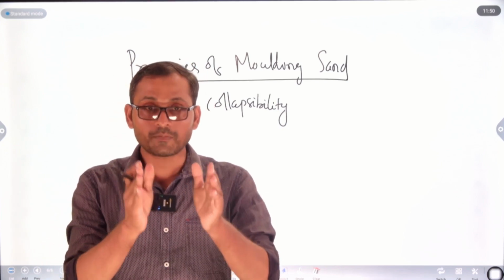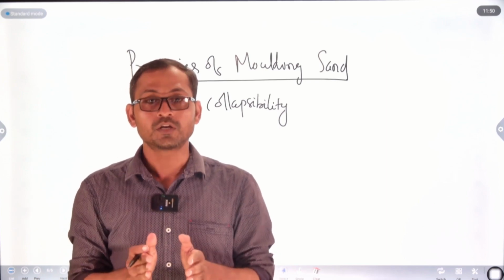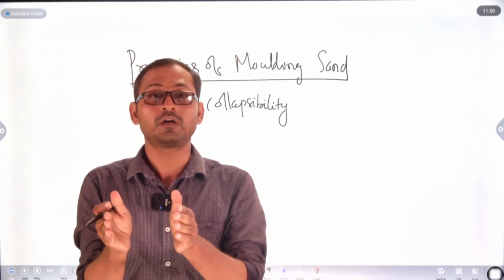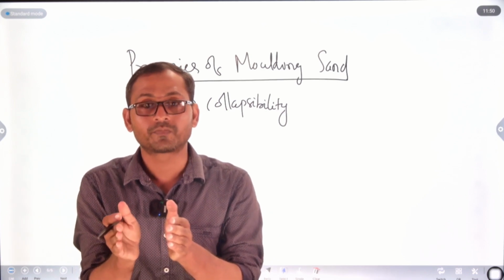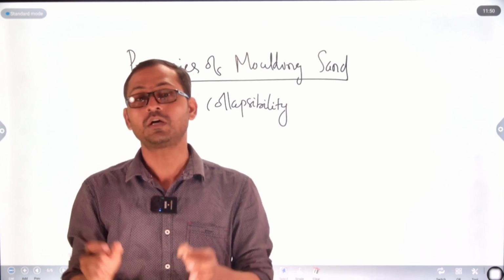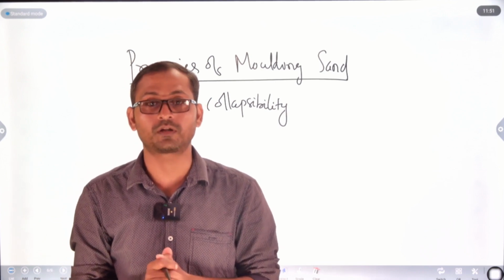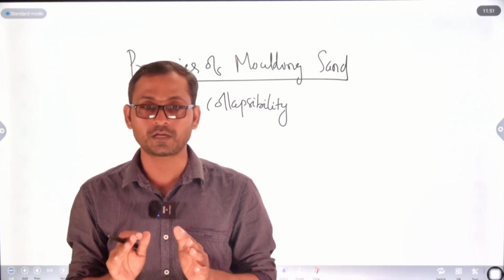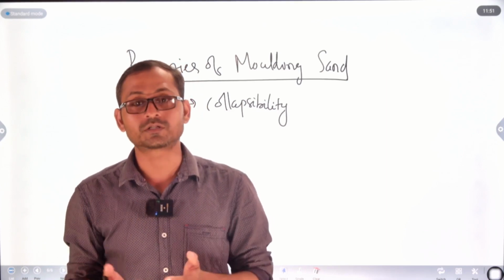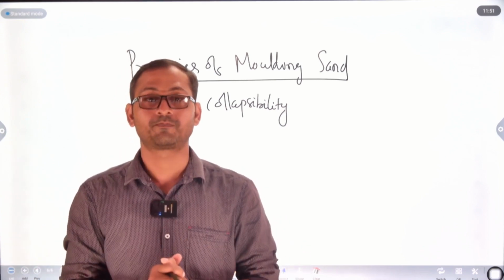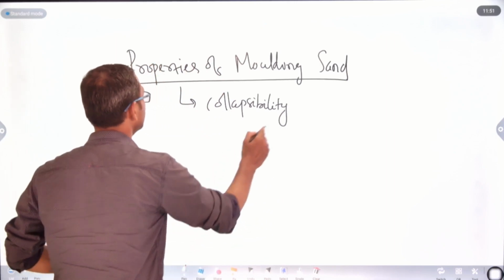The sand bed should never offer resistance to the shrinkage of the molten metal. This property is called collapsibility. We will consider it in making the molding sand bed, and also for the core.